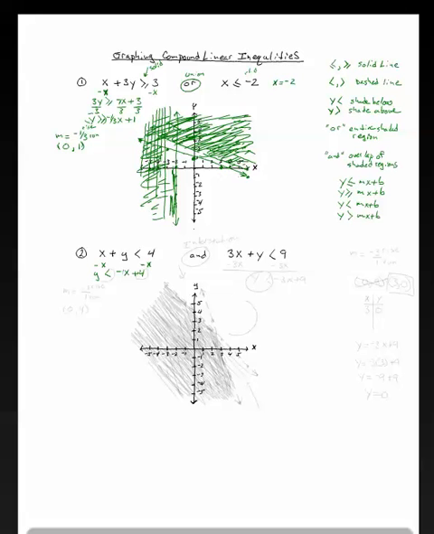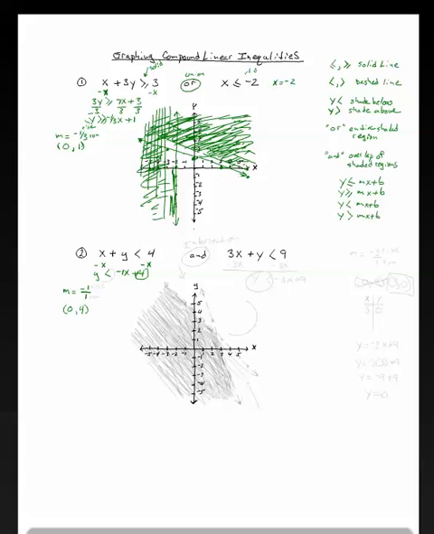Well, my coefficient here is a 1, so it's negative 1x plus 4, which tells me that my slope is negative 1, which I can write as negative 1 over 1, and my y-intercept is going to be 0, 4 from here.